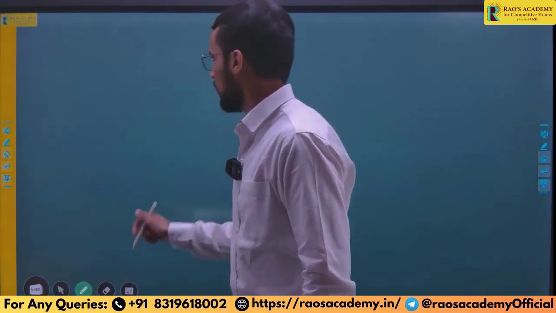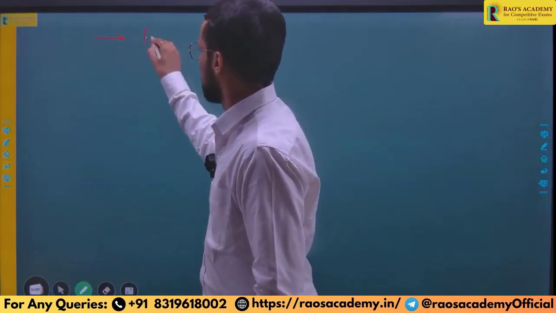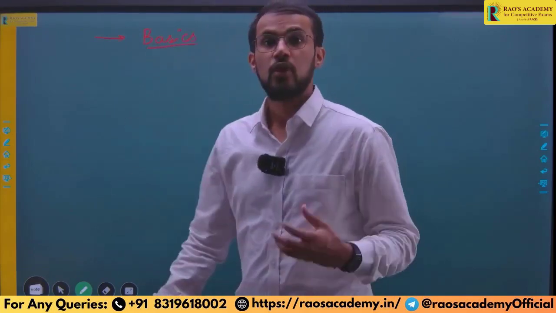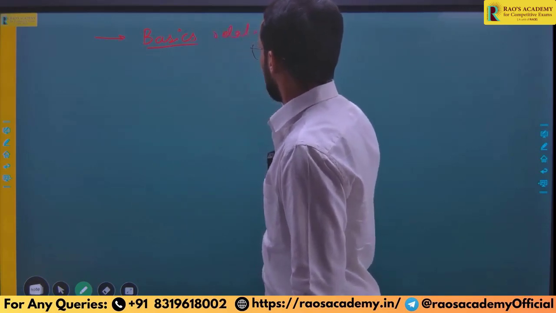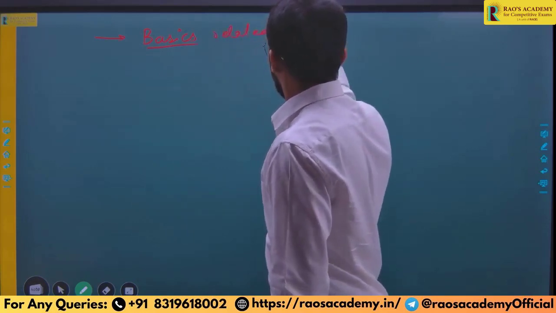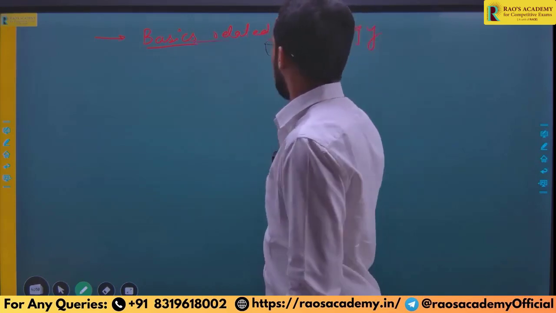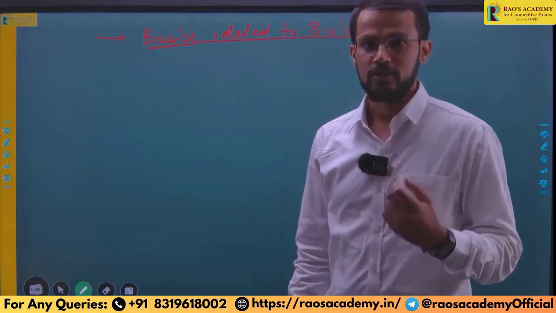So in biotechnology, firstly, you should be aware of the basics related to biology. Because if you are aware of these things, then it becomes easier for you to understand this particular technology, biotechnology.